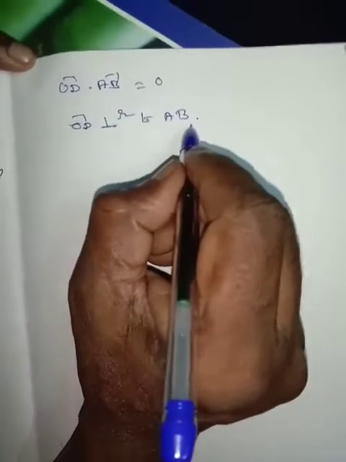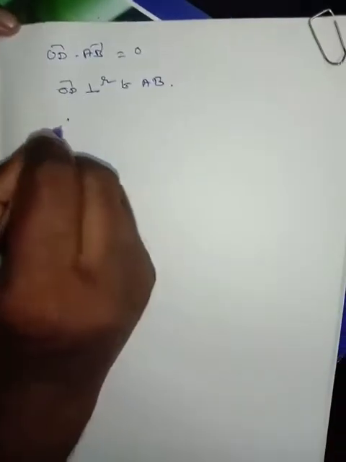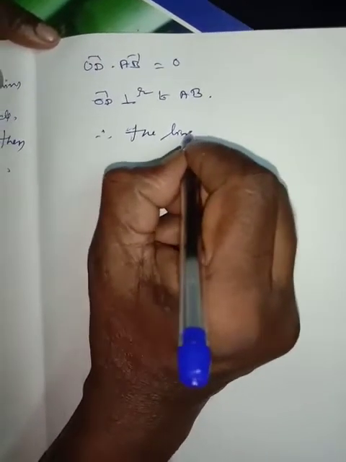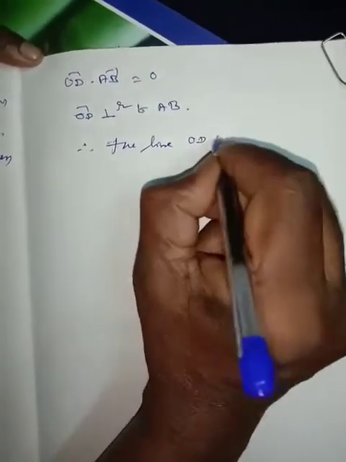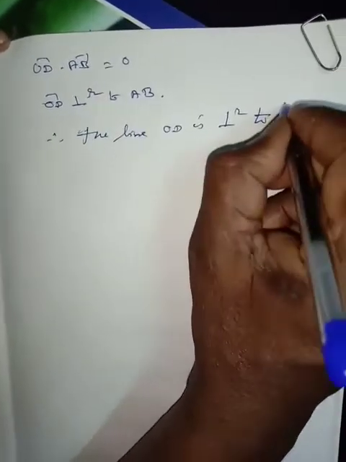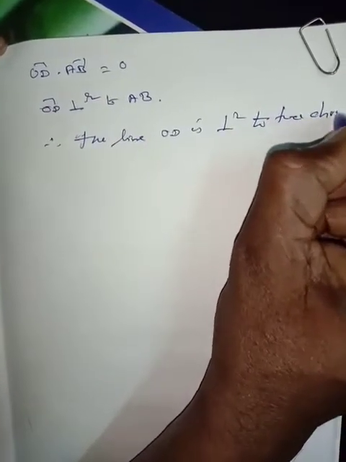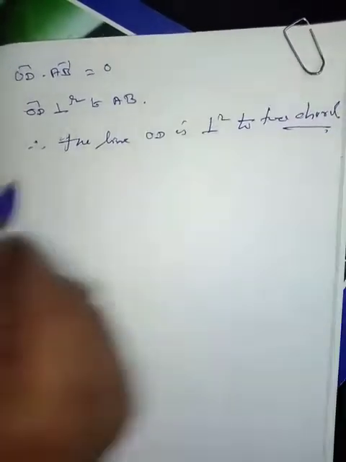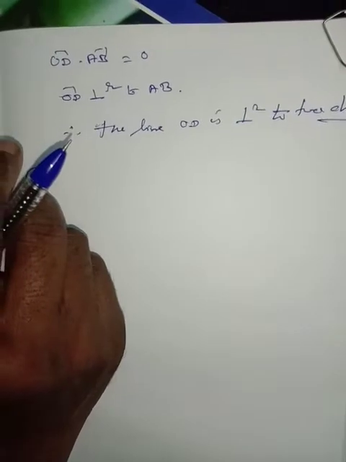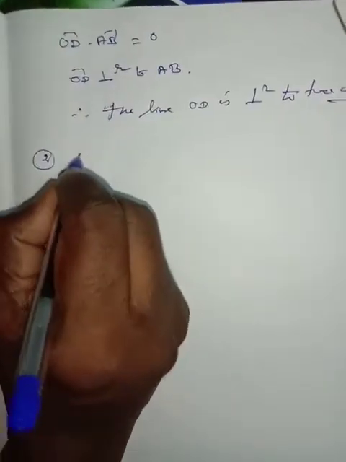AB means a chord. Therefore the line OD is perpendicular to the chord. Hence the proof.